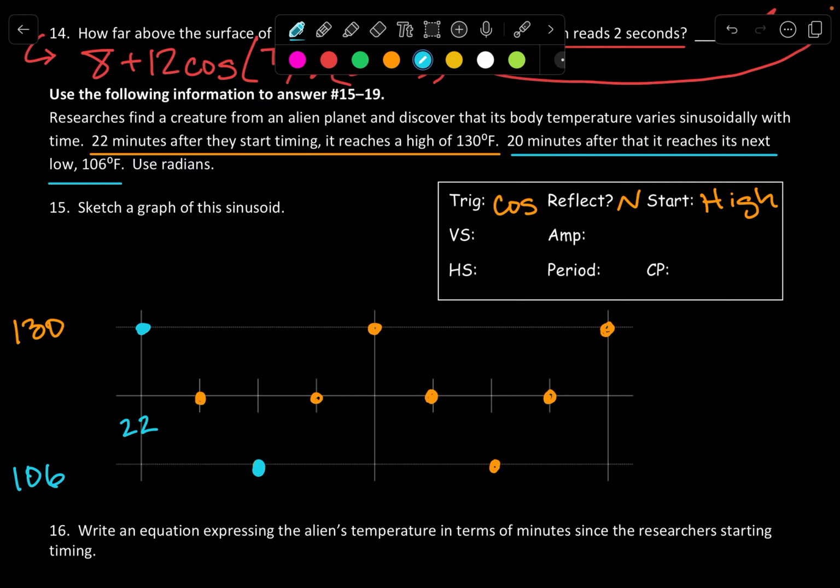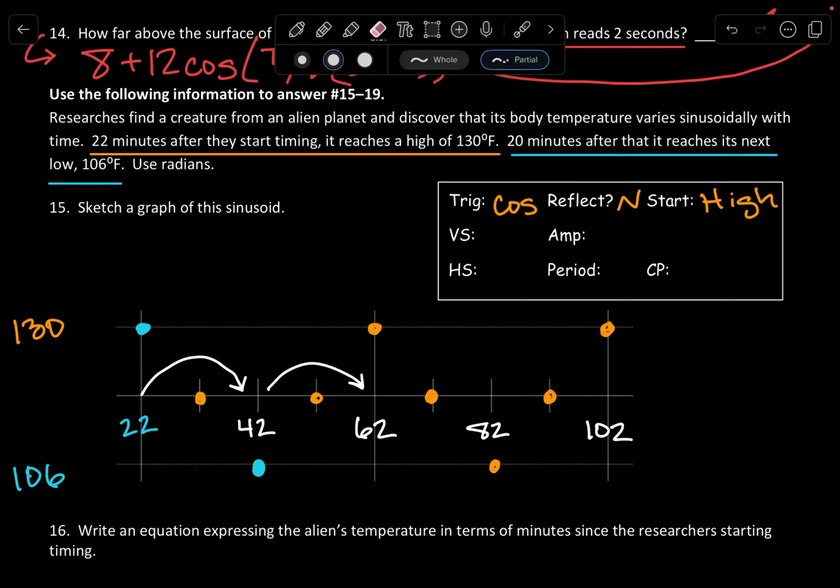That happened 20 minutes later. So if I started at 22 and went 20 minutes later, that would bring me to 42. And then if I just kept going every other line, adding 20, that would help me get a lot of numbers from my x-axis.